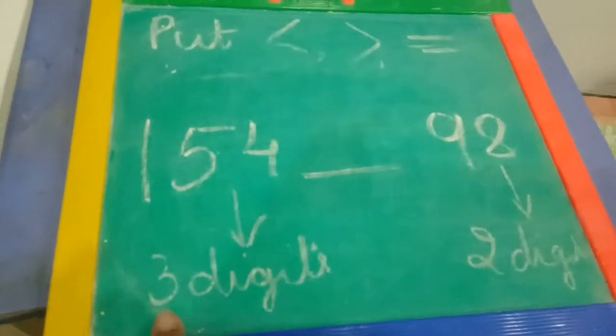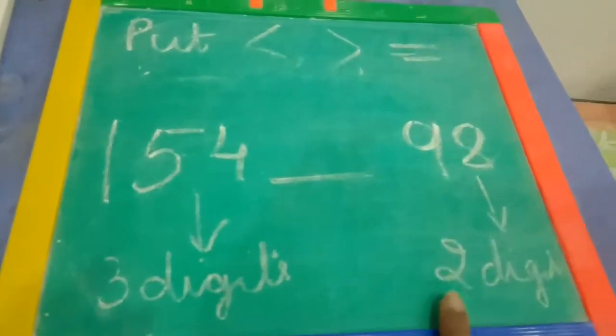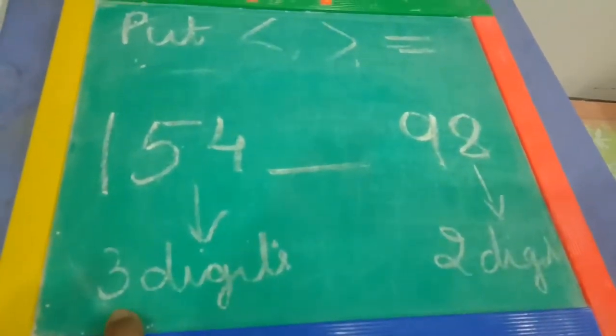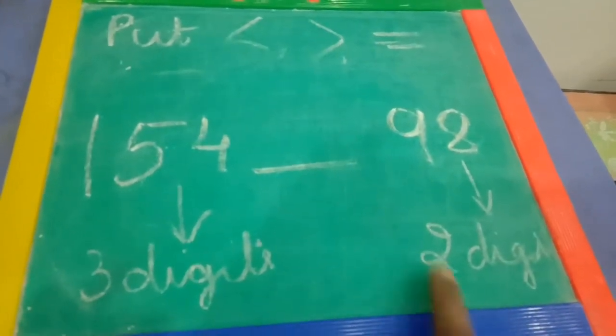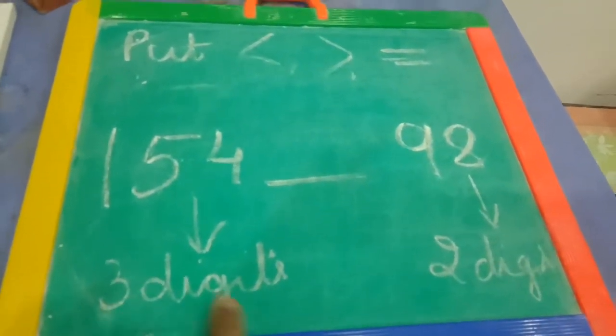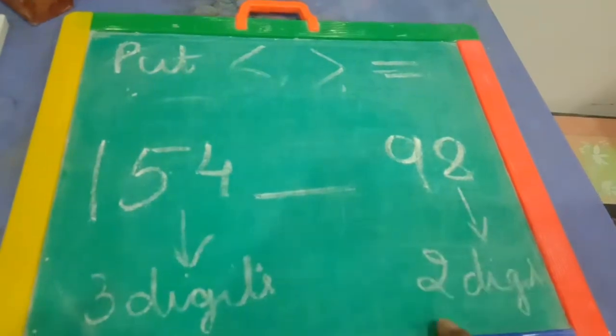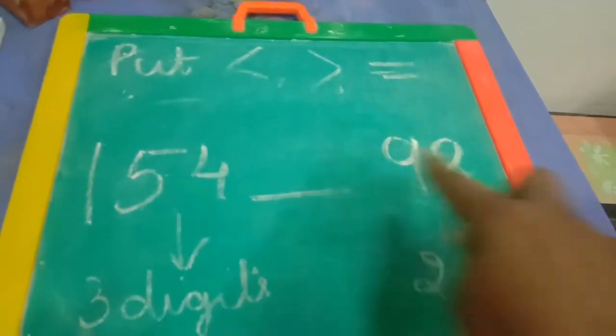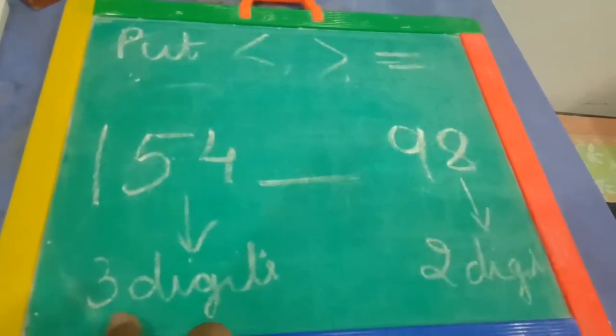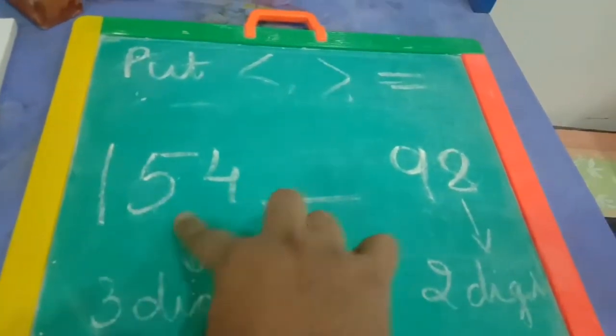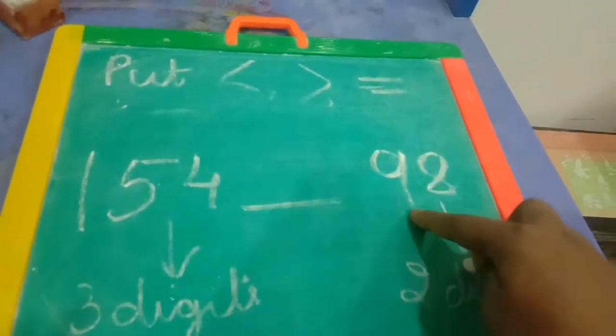See, three digit number and two digit number. So 3 is greater or 2 is greater? 3. That means three digits: 1, 2, 3. It's two digits: 1, 2. So 3 is greater than 2. That means 154 is greater than 98.